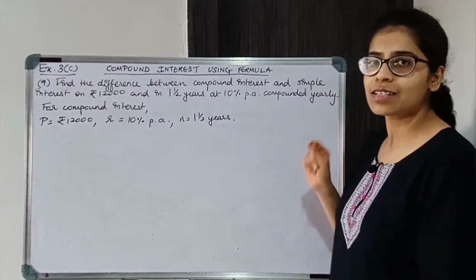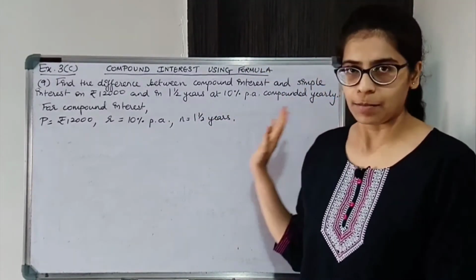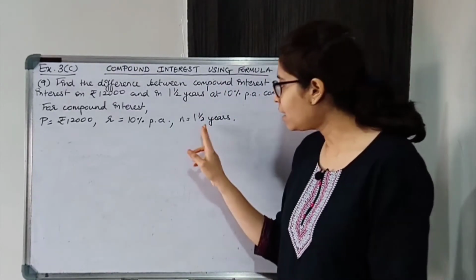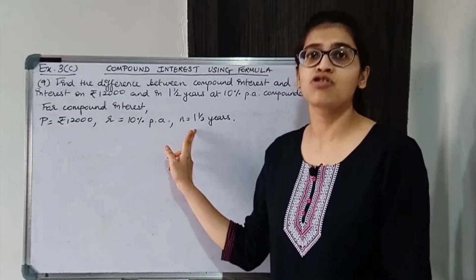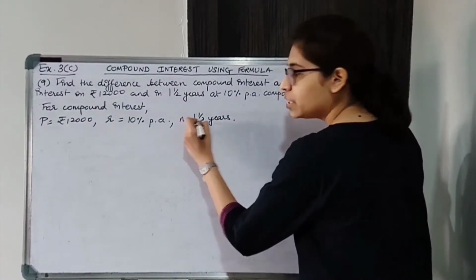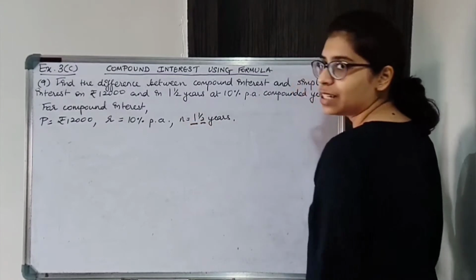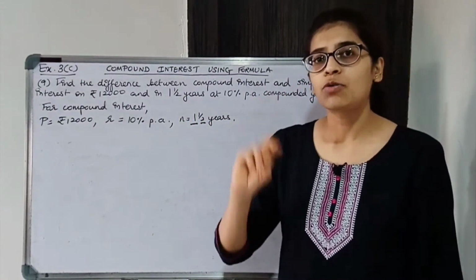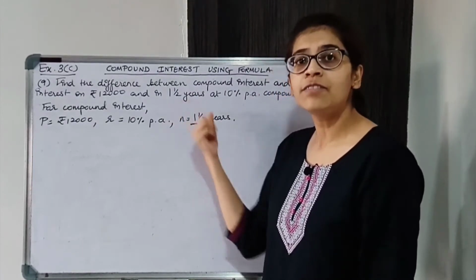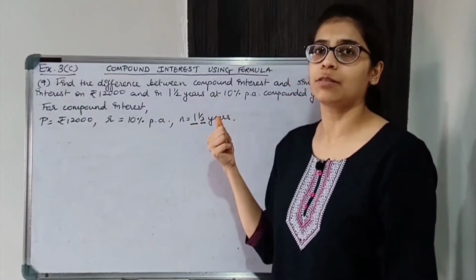Now the interest is compounded yearly. When the interest is compounded yearly and the number of years is given in fraction form, what will you do? Solve this separately and this separately. That is, you will find the amount in 2 parts. 1 year ka amount you will find first and then you will find half year ka amount.